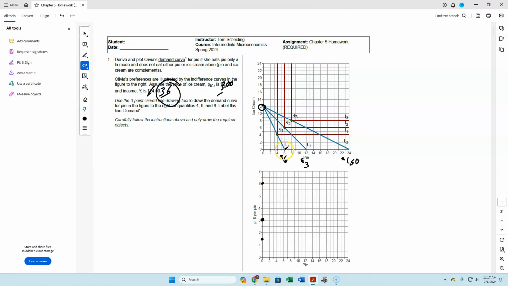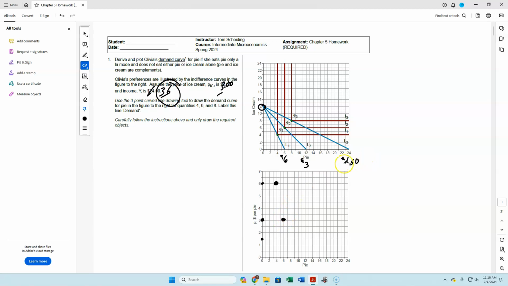When it is $6, looks like my optimal number of pies is 4. Okay, so I'm going to go 6 and 4. When it's at 3, my optimal number is 6.